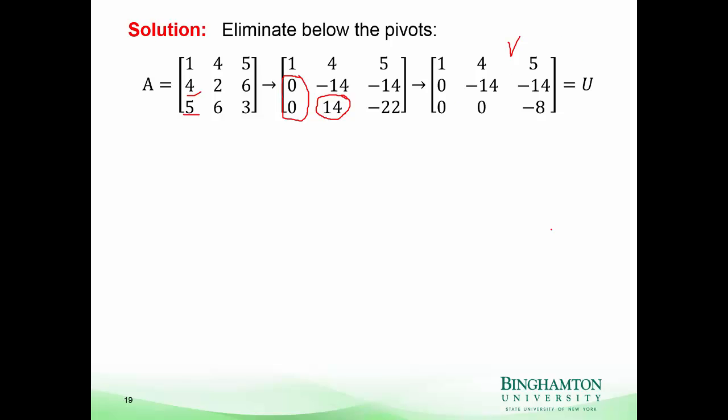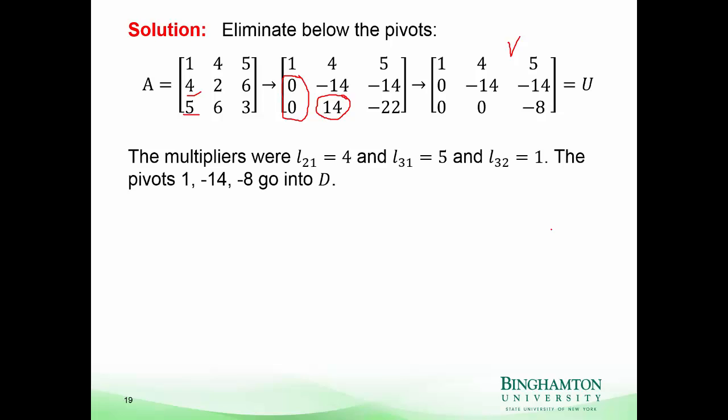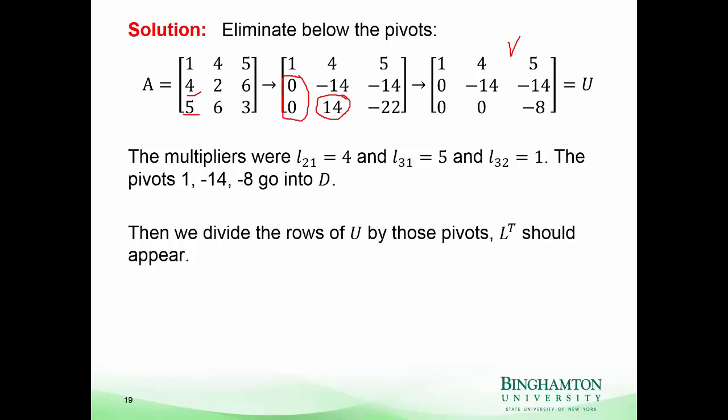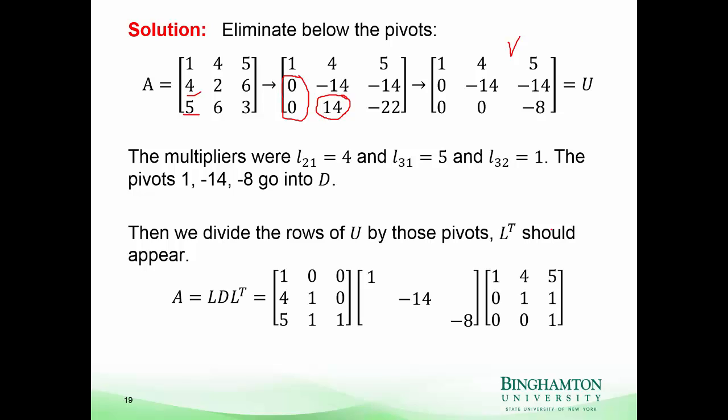That's our U matrix. We can see what our multipliers would be, and those go into our D matrix. We divide the rows of U by those, and our L transpose should automatically appear. This is one that doesn't require permutation, so it was an easy one to do. So there's our final answer.